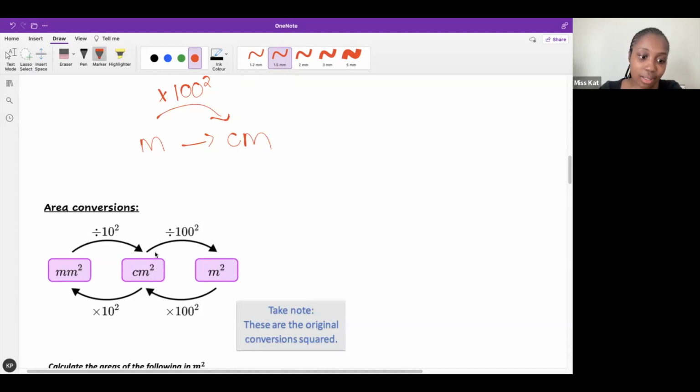Let's see another one. Let's go from millimeters to centimeters. How did we get from millimeters to centimeters? Exactly, Chi-Chi. Even going the other way. I'm done with the meters to centimeters.